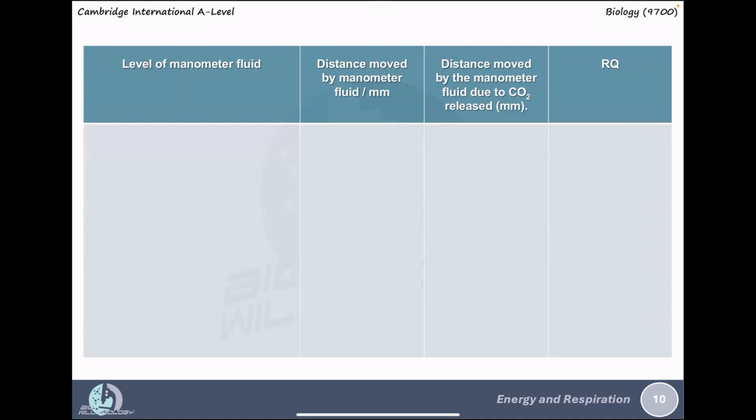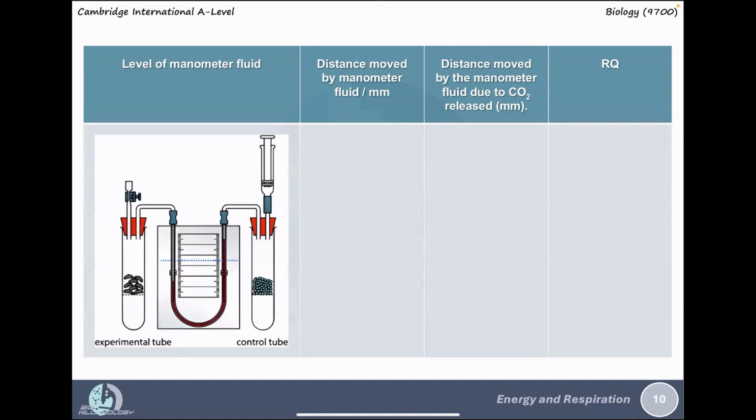Let us look at the third possible outcome. In the third possible outcome, you can see that the manometer fluid now moves away from the experimental tube with a distance of Z millimeter. But is this due to the CO2 release? No, because we have to go back to our assumption of a constant rate of oxygen consumption.